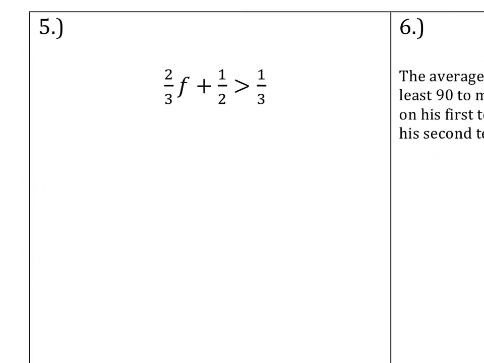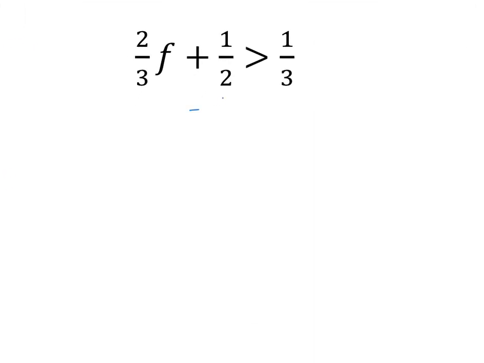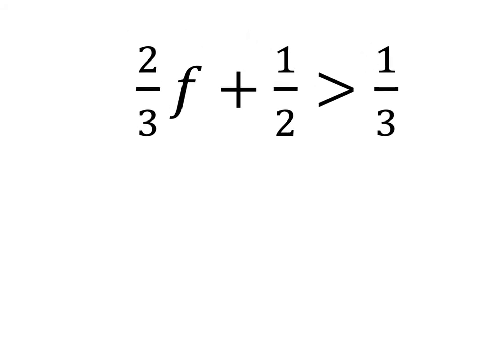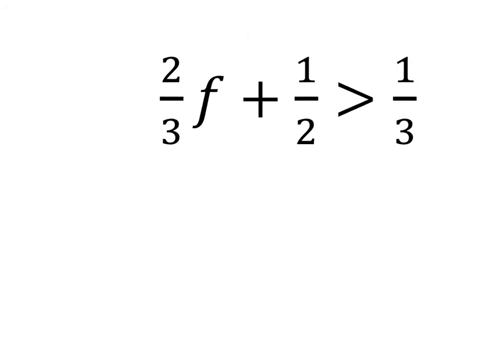So number 5, you could solve this by subtracting a half, getting common denominators, all that stuff. But sometimes it's just easier to work without fractions. So here's where we can use that strategy of clearing the denominator. Think about the least common multiple of 2 and 3, the denominators here.